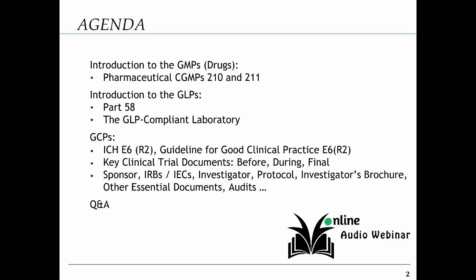We'll talk about some of the type of documents that are necessary before initiating a trial, have to be monitored or maintained and submitted during a trial, and some of the final information and some of the basic documents. We'll talk about the principles involved in clinical trials, the sponsor, the institutional review boards at each of the clinical sites where a clinical is being held, and ethical requirements of such.